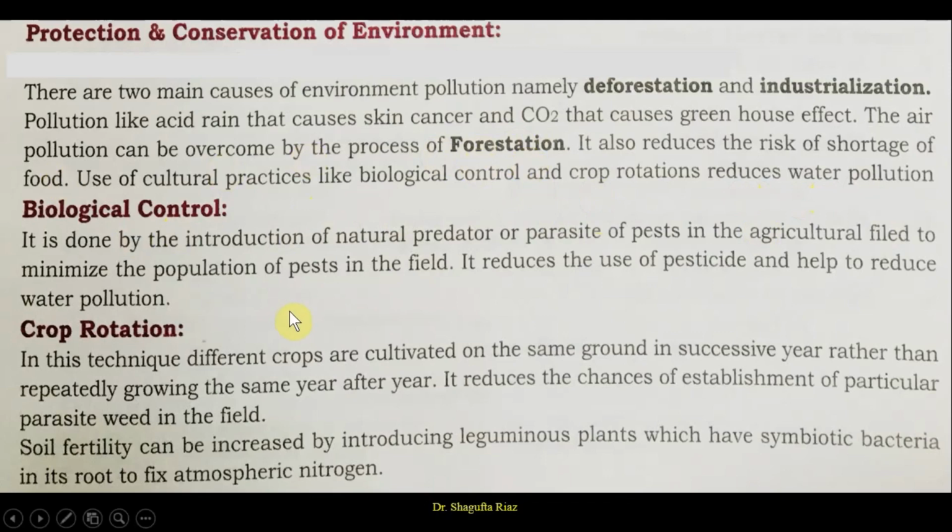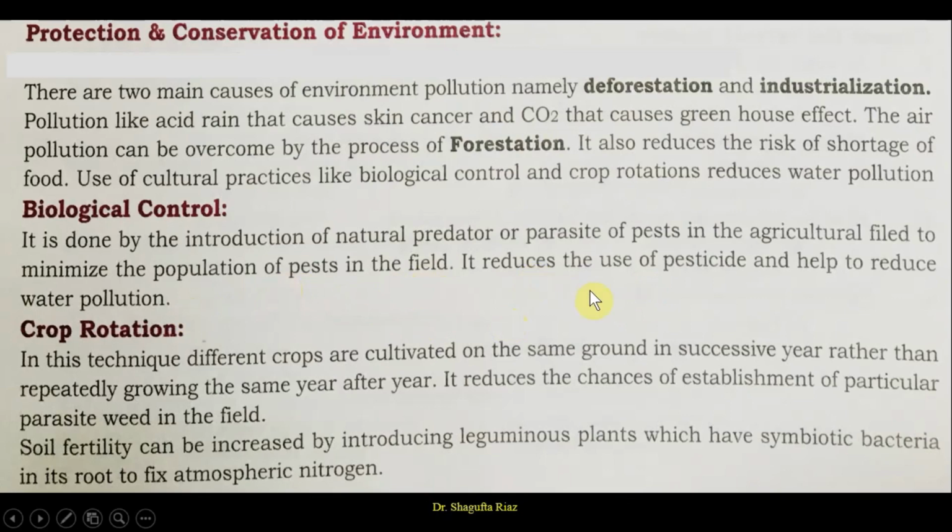To control or reduce water pollution, there are two methods, that is biological control and crop rotation. How does biological control help? In biological control we don't use the pesticides or chemicals which we normally use to avoid the parasites or pests which affect the agricultural field, our crops, right? But these chemicals are harmful and they go into the soil and ultimately into the underground water, right?